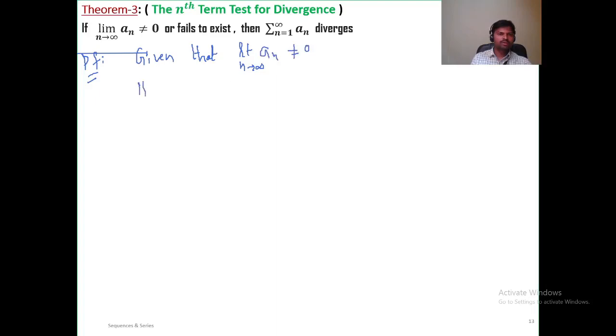Then we have to prove that the limit of a_n is not equal to 0 or fails to exist, then we have to prove that the series a_n diverges.